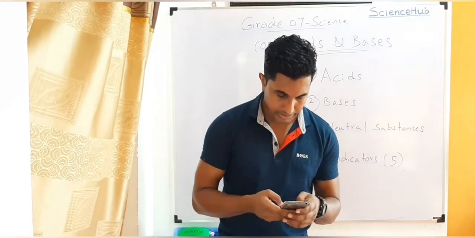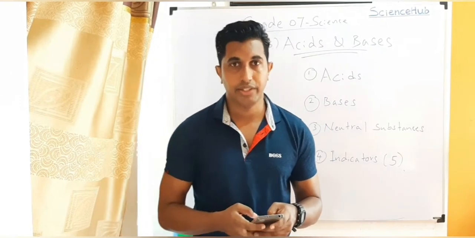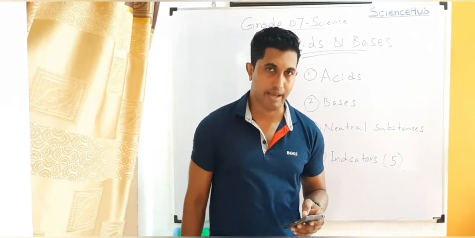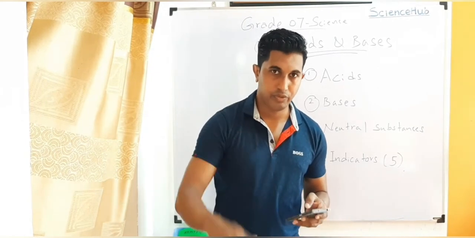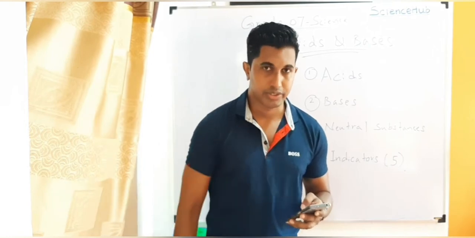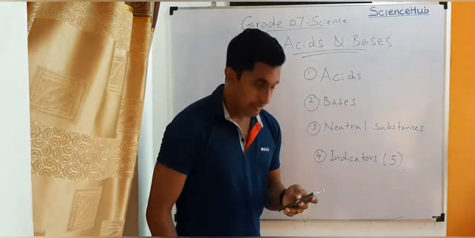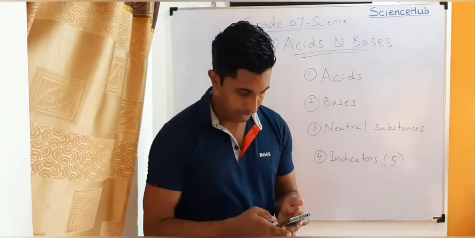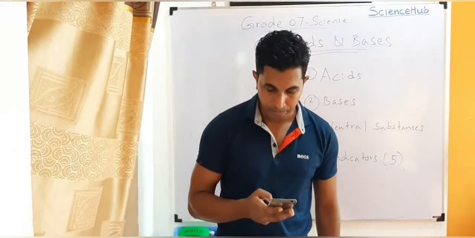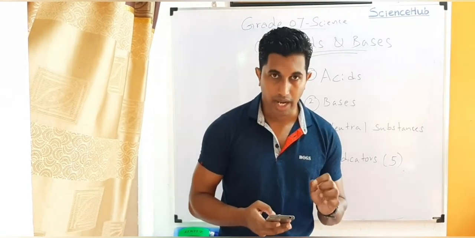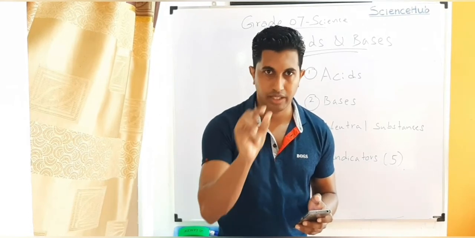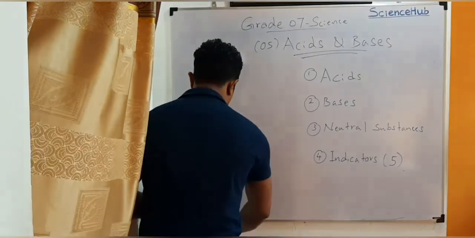Then we can move to the next part. There are certain things that you can use as indicators at your school lab. There are 5 major indicators in your syllabus: blue litmus and red litmus, which are paper strips.